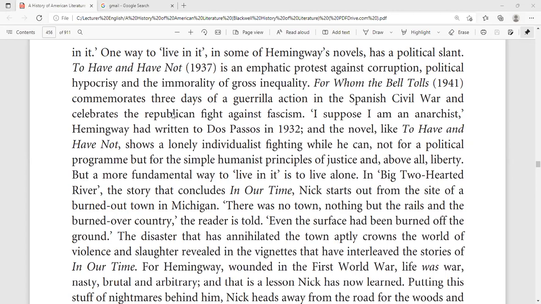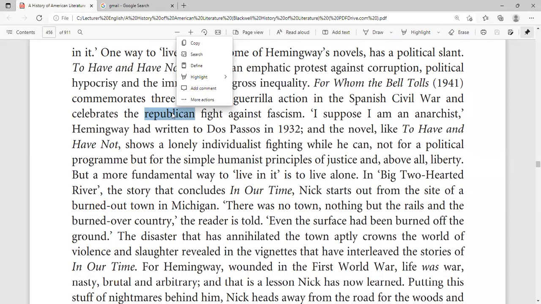The Republican was actually the liberal government of the time, which had a dominant Socialist Party that was supported by Russia as well. And General Franco was an example of fascism. So nationalists were fascists.